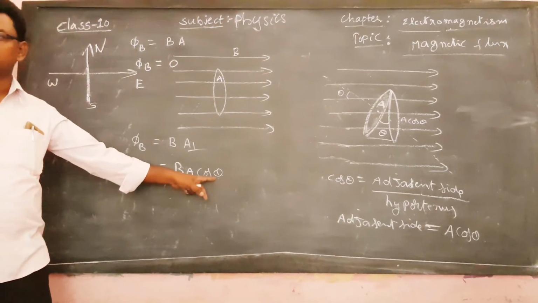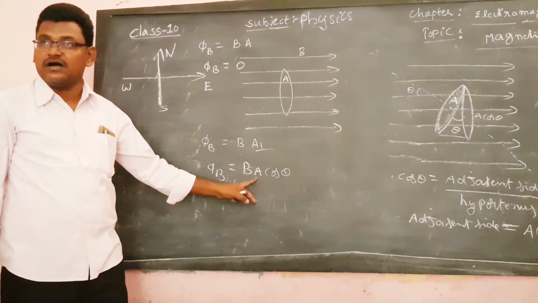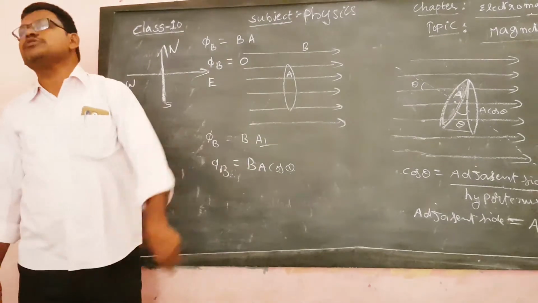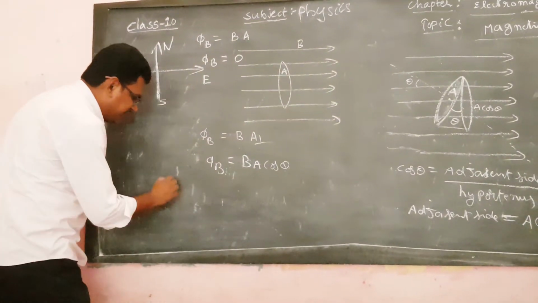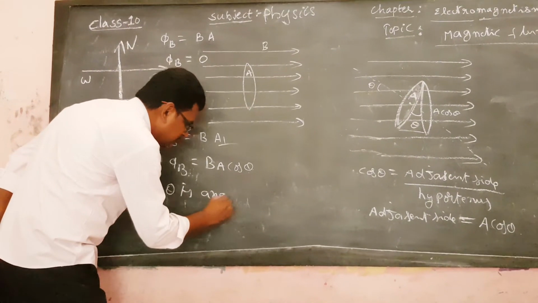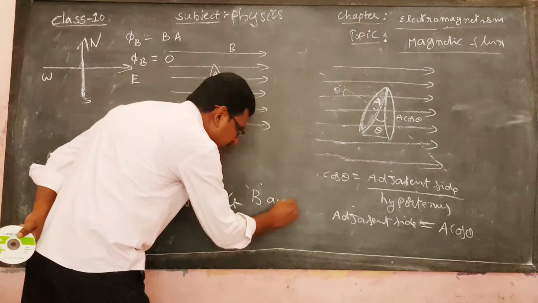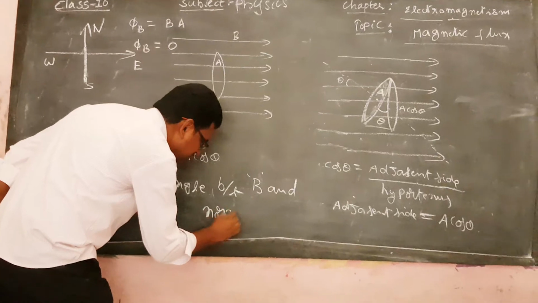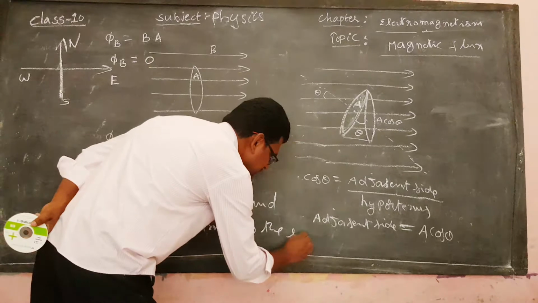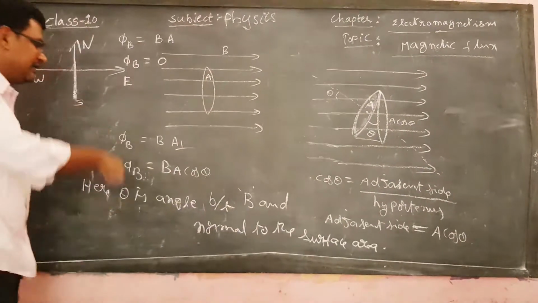Here theta is not the angle between the magnetic field and the surface area, but the angle between the magnetic field B and the normal to the surface area.